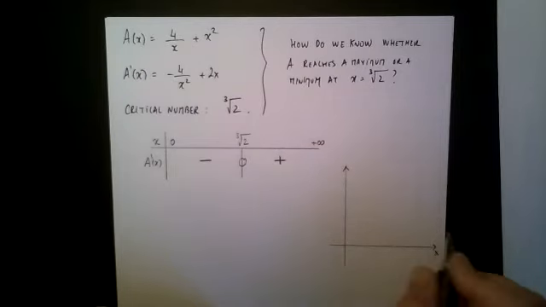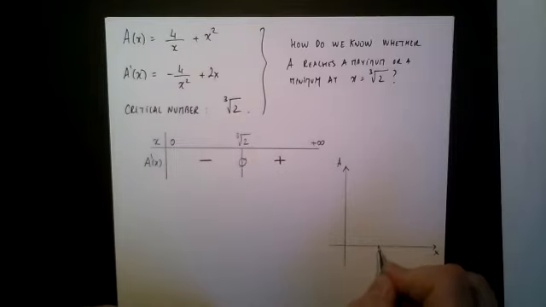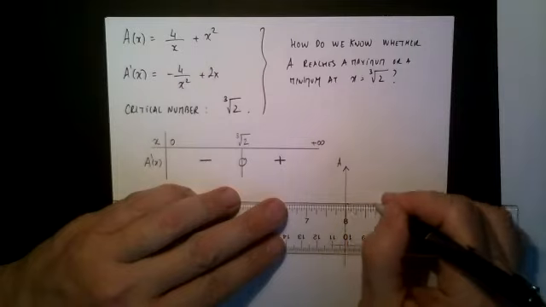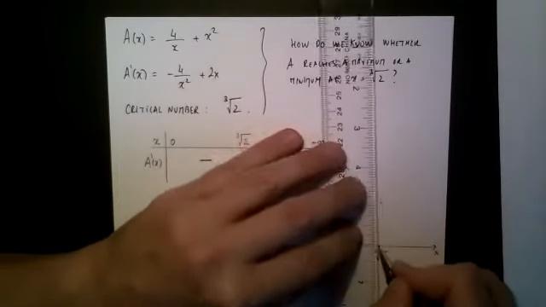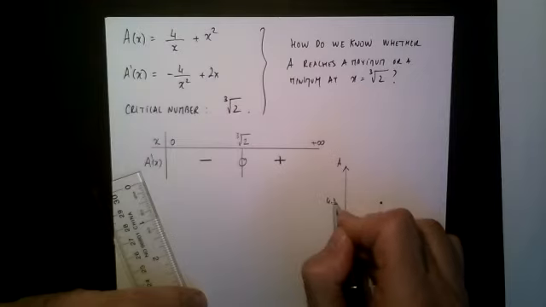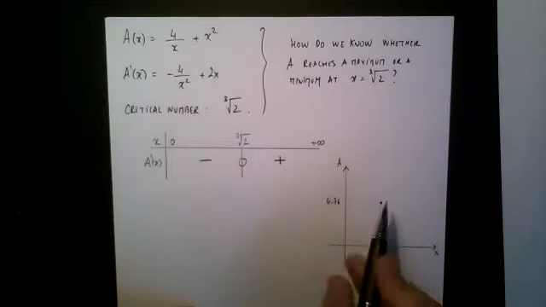So this is x and this is A. Basically, what I know now is that if x is equal to the cube root of 2, the y will be right here at 4.76. This is what I know. You agree with this? Yeah.